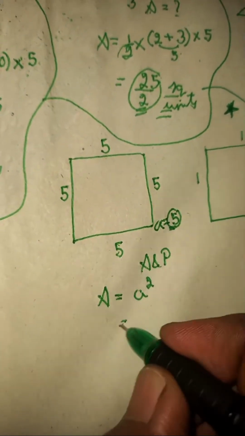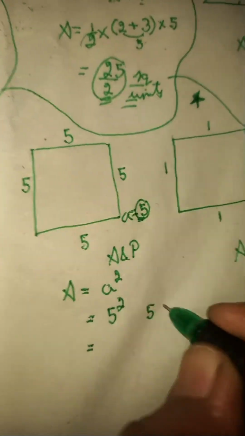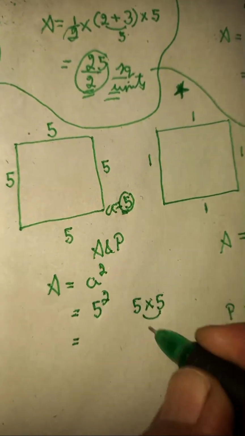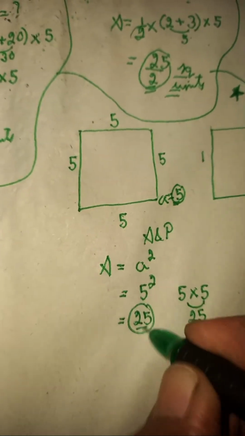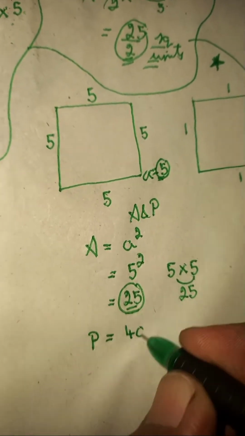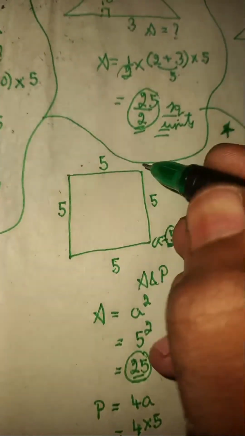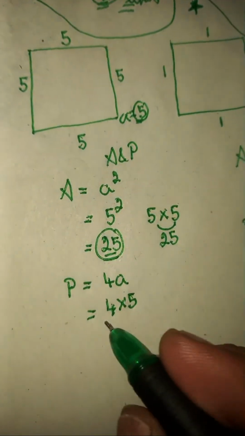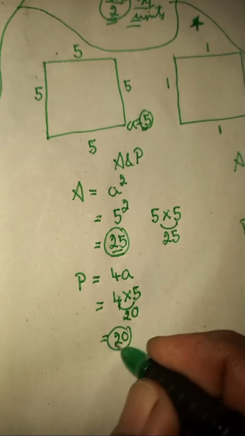So this is going to be equal to 5 squared. 5 squared means 5 times 5, which will be equal to 25. 25 square units. Now the perimeter is 4a, so it's going to be equal to 4 times 5, that is 4 times the side length. 4 times 5 is 20, it is 20 units.